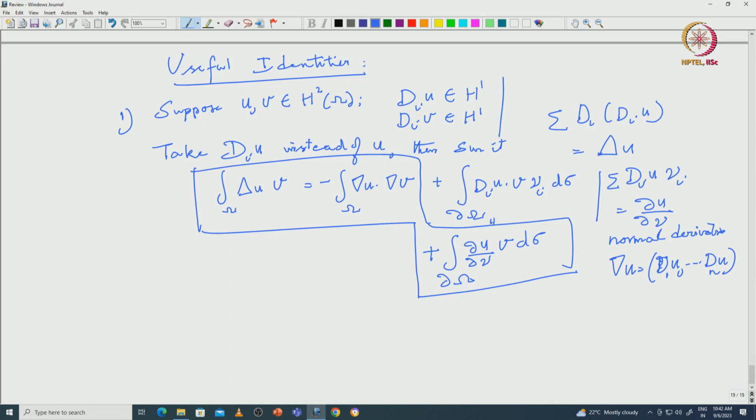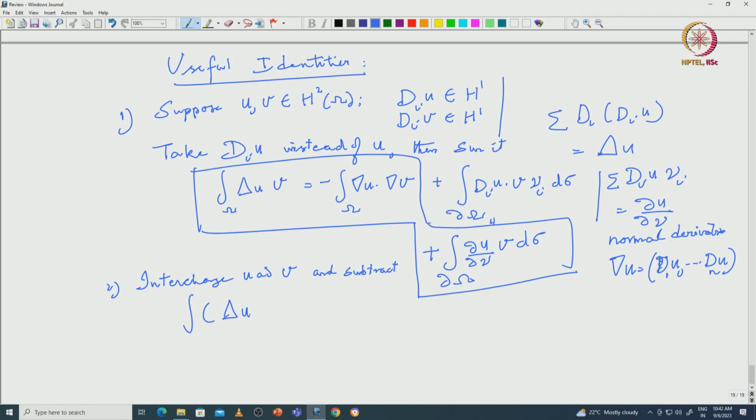And then you can interchange u and v and subtract. When you interchange u and v, grad u dot grad v will not change. So this gives an identity.